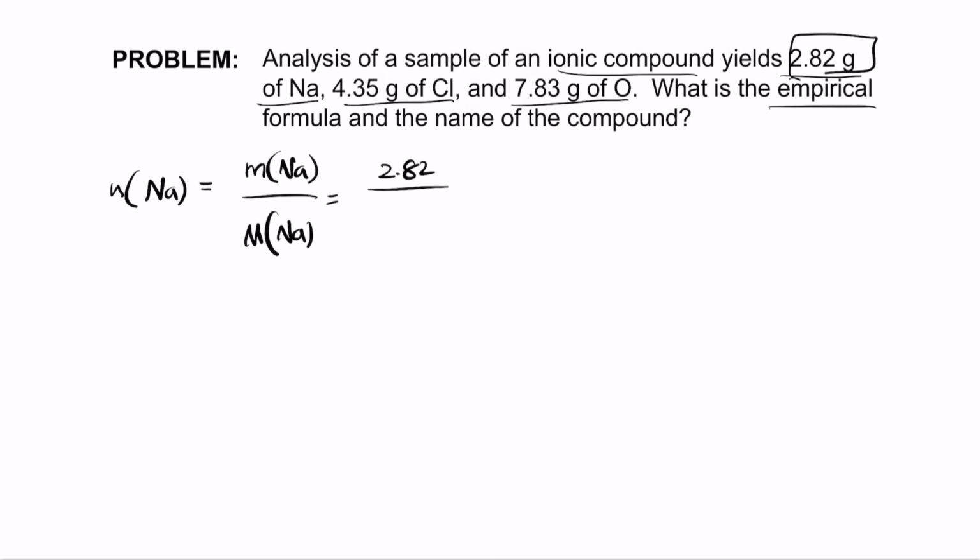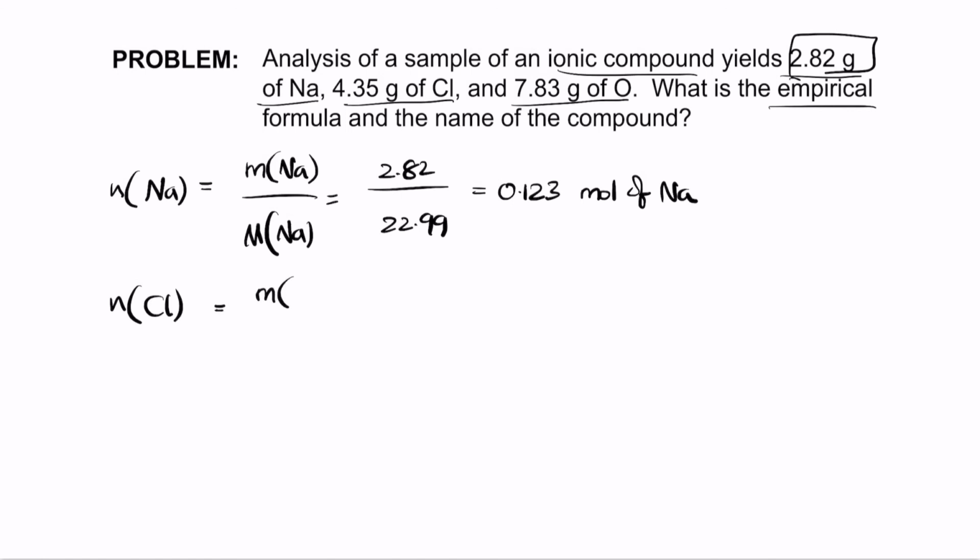If you take it from the periodic table, it is 22.99. So the value is 22.99, and when you calculate, that becomes 0.123 mole of sodium.